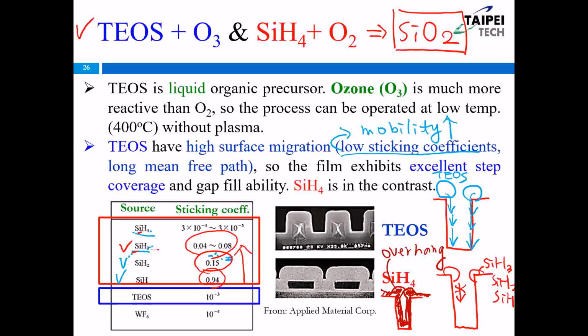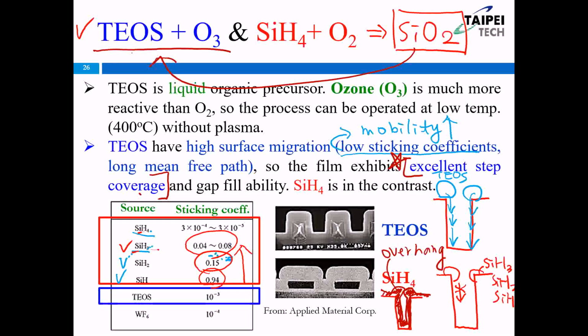So that's the reason if I want to deposit the silicon dioxide, I will choose TEOS and ozone. And the reason is we will have the excellent, conformal step coverage.